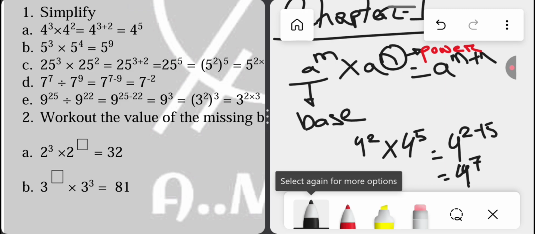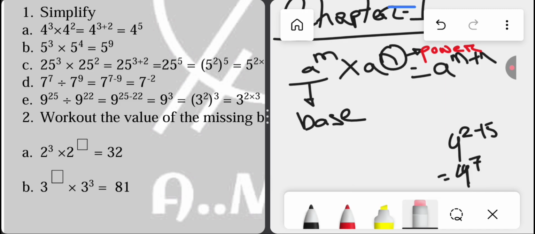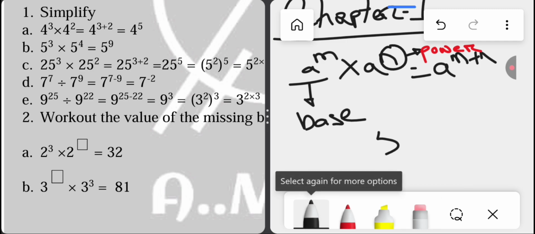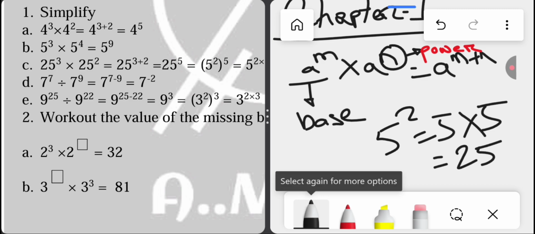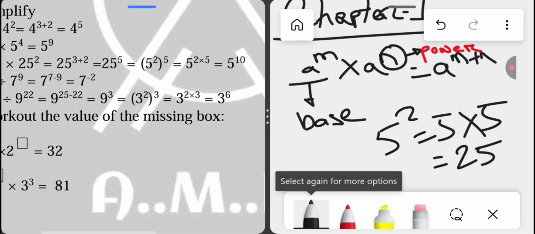As the bases are the same, 25 and 25, the powers just add up: 25 to the power 5. Later on, we know that 25 can be written as a power of 5, which is 5 square. 5 square means 5 into 5, multiplying 5 two times, we get 25, which is equivalent to 5 square.